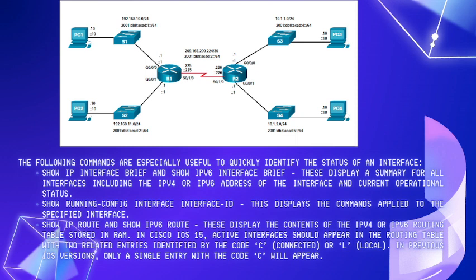These display the contents of the IPv4 or IPv6 routing table stored in RAM. In Cisco IOS 15, interfaces should appear in the routing table with two related entries identified by the code C (connected) or L (local). In previous IOS versions, only a single entry with the code C will appear.